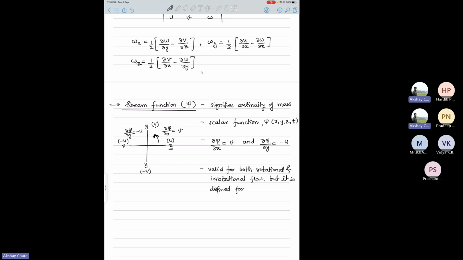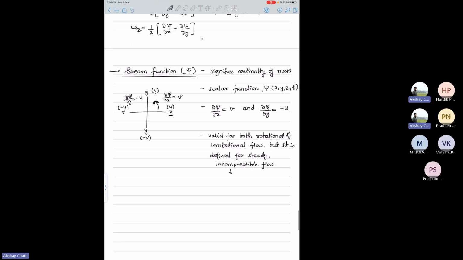And yeah, it is defined for steady and incompressible flow. Okay, so for incompressible flow, we know that del u by del x plus del v by del y equals 0, right?